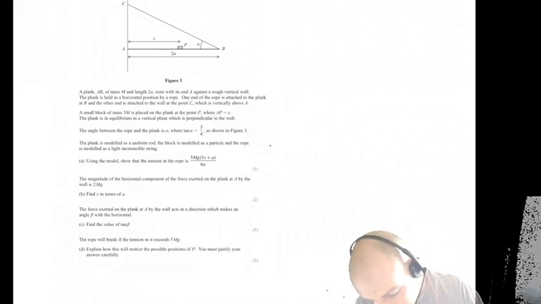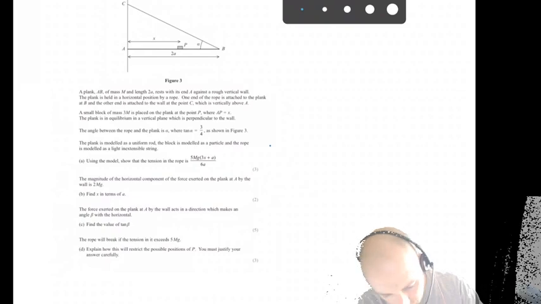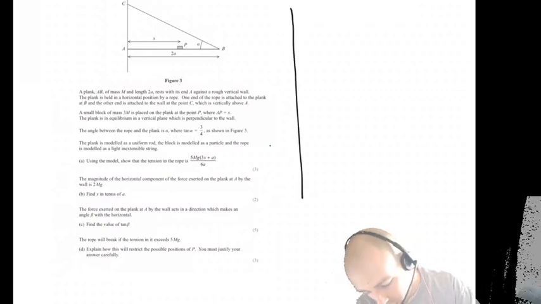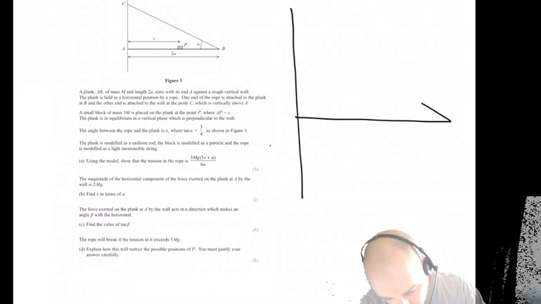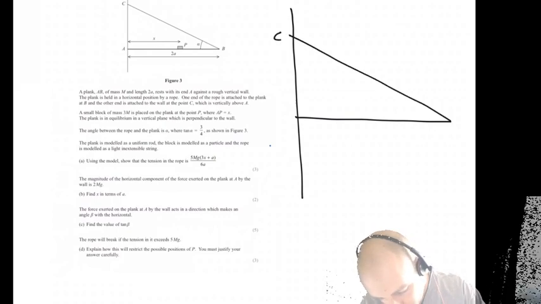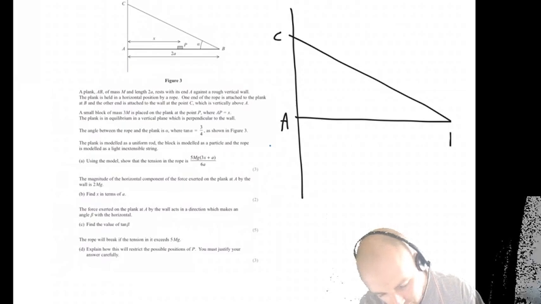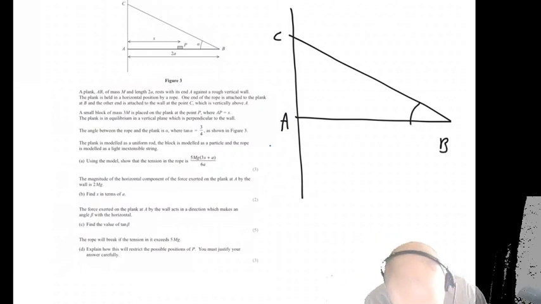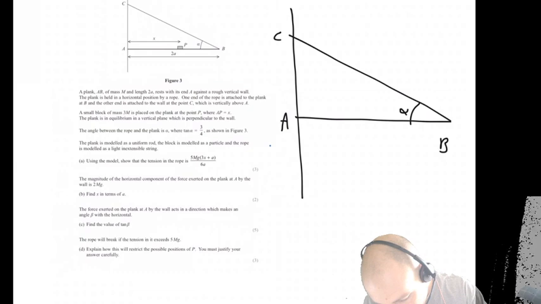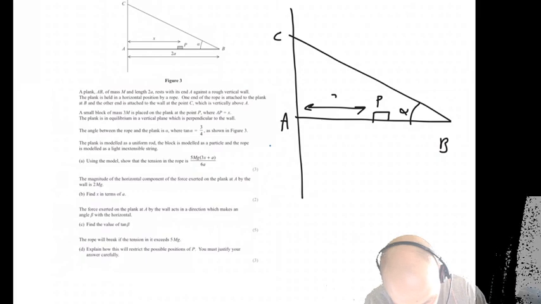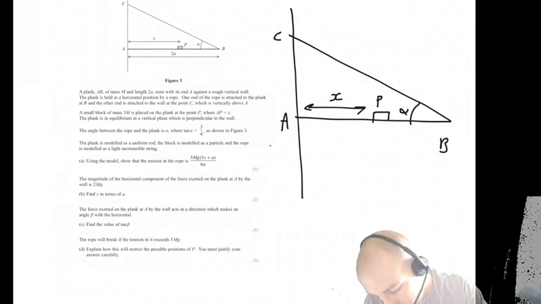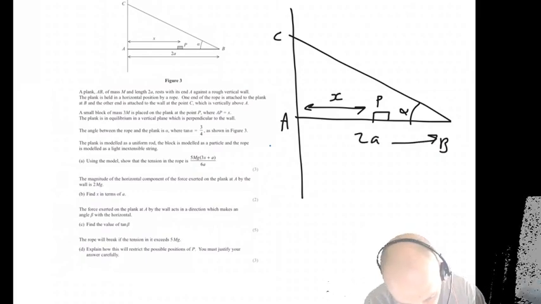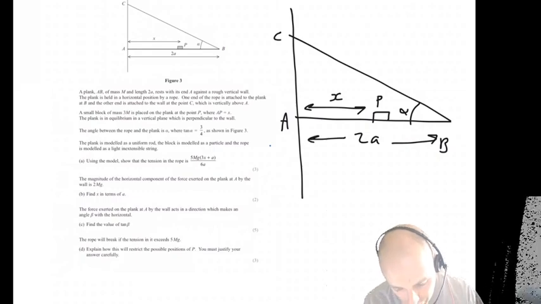So give me a sec here to copy this sketch. Cool.